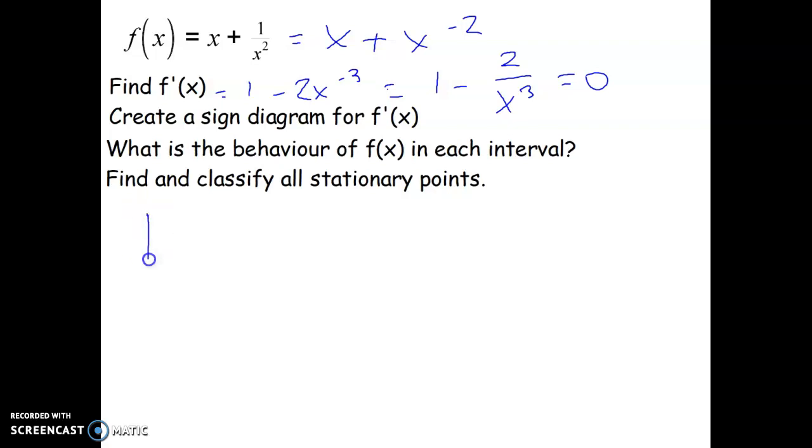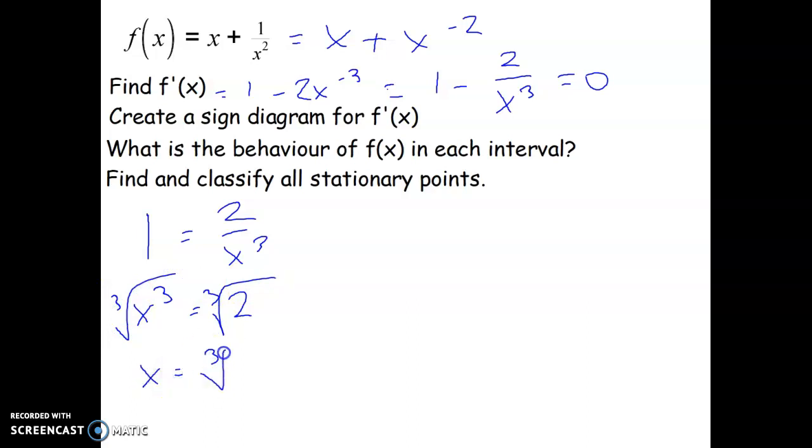So I'm going to add the 2 over x to the third to both sides. Multiply both sides by x to the third. And then take the cube root of both sides. So x equals the cube root of 2. Cube root of 2 turns out to be my stationary point that I have there.